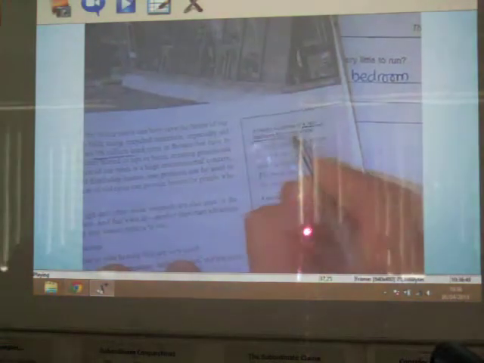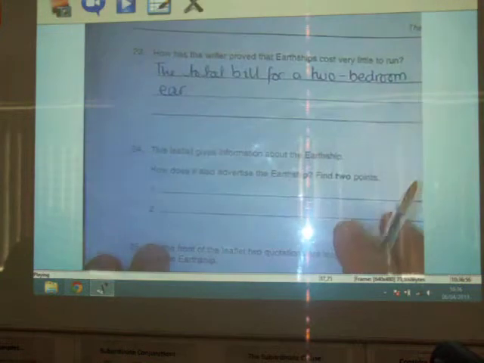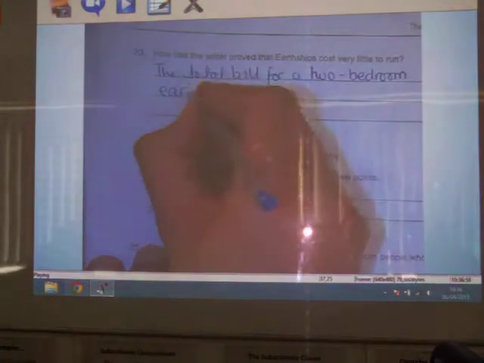So we look at the text. 2-bedroom earthship. Total energy bill is that. That's where we can get the answer from. So the total bill for a 2-bedroom earthship.